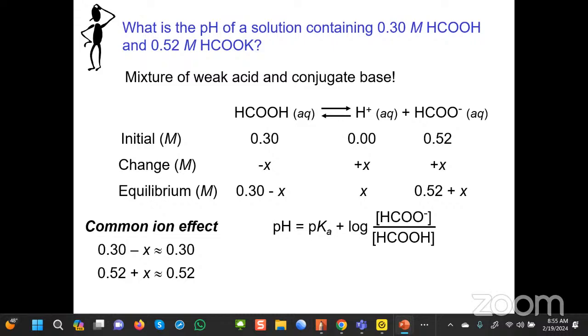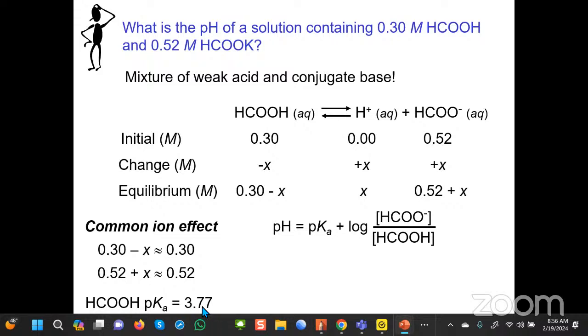Of course, you're going to need a pKa, so that would have to be provided to you. Remember, there's a table that I showed you in Canvas. You will have access to that table in your test, right? That table gives you a list of Ka values for weak acids and Kb values for weak bases. So all you have to do is consult the table, look up the Ka value for formic acid, and find the minus log of that.